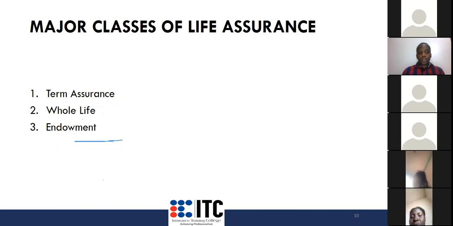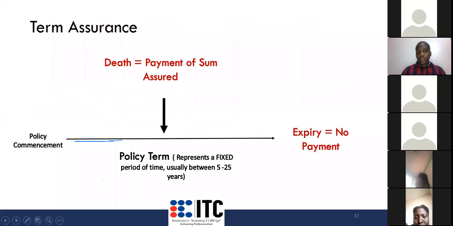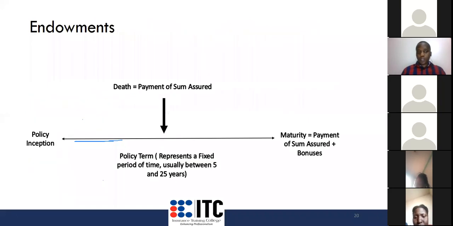So now you may look for a client who needs both, but giving them a term assurance plus an endowment may not be the best way of looking at it. But you look at it in terms of the riders, where the riders have specific things they do.